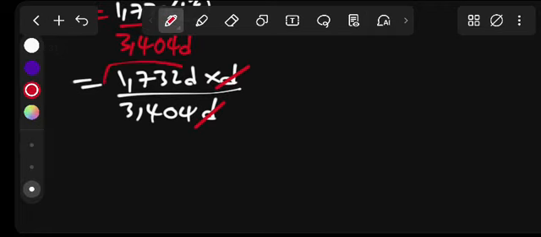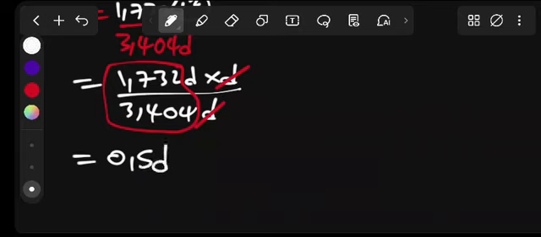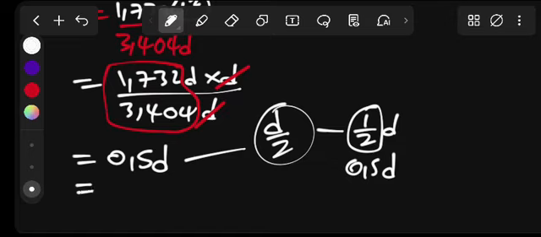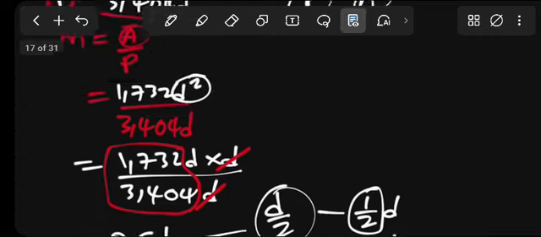Simply punch this now on your calculator. That thing will give you 0.5 D. So guys, this is the same as D over 2. If you have something like this, it is the same as 1 over 2 multiplied by D. 1 over 2 is 0.5. Then we have D. So it's one and the same thing. Now you can say D over 2. So you've proven it, understood. So this is how it goes.